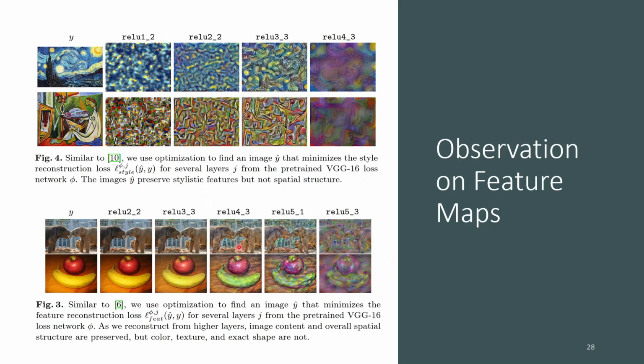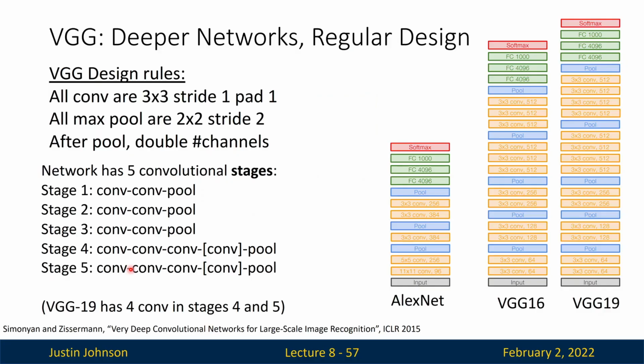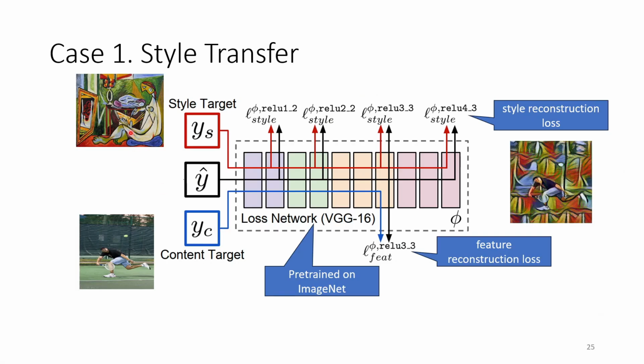But at least on the layers of ReLU 2_2 and ReLU 3_3, they can still see some structure there. So it means they manually pick some layers for the style preserving and structure preserving task.